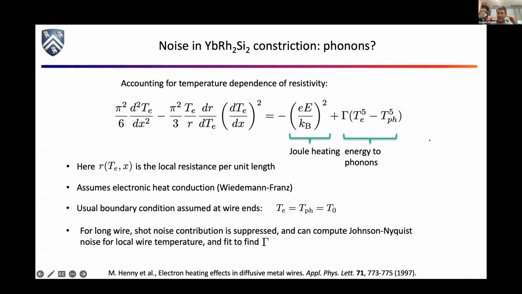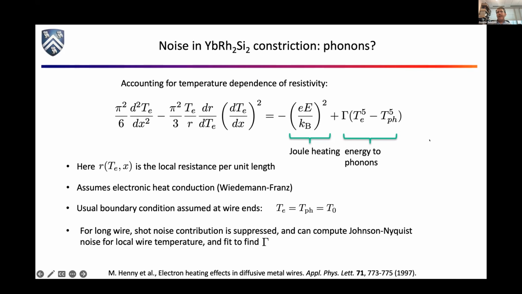All you're ever going to see is a system where the carriers are basically in thermal equilibrium with the phonons at the lattice temperature, and that's it. So then you'd only ever measure Johnson-Nyquist noise. And all of this shot noise stuff is also sometimes called excess noise, because it's noise above the thermal noise. So in the limiting case where the electron-phonon coupling is very, very strong, the electrons are just coupled to the lattice and are in thermal equilibrium with the lattice.